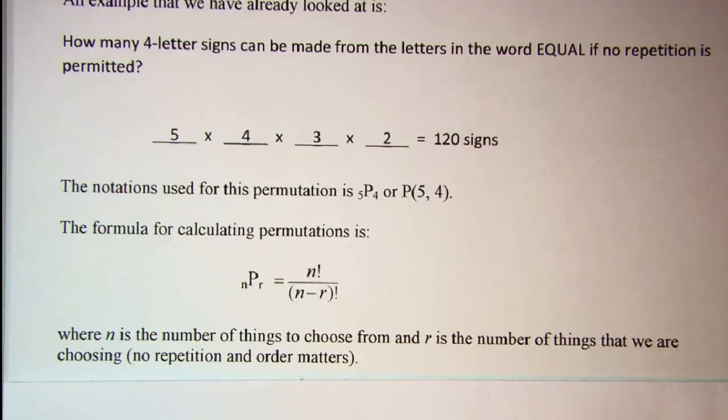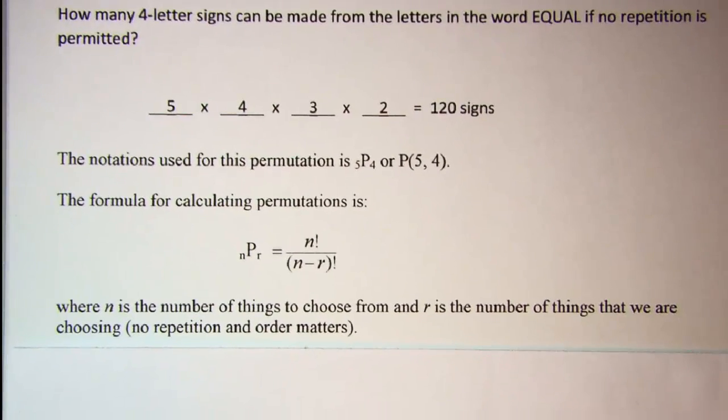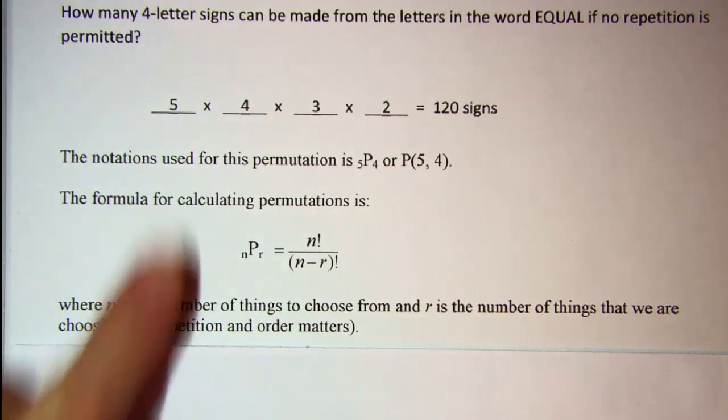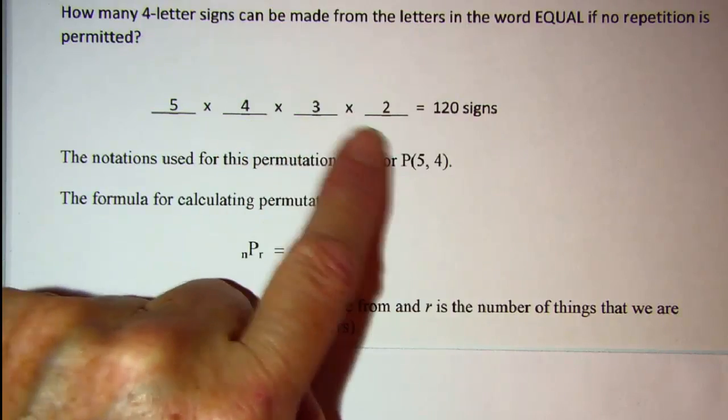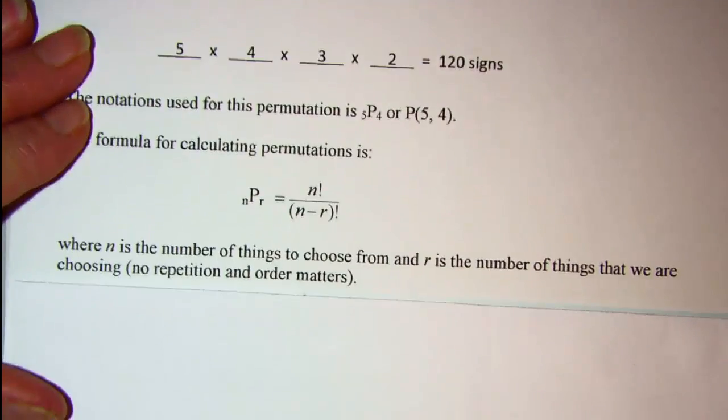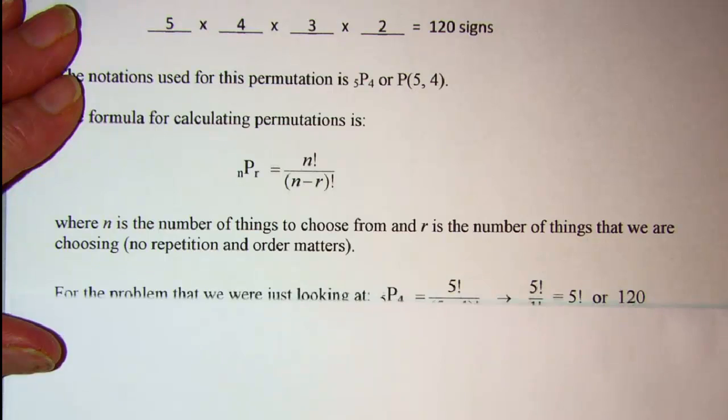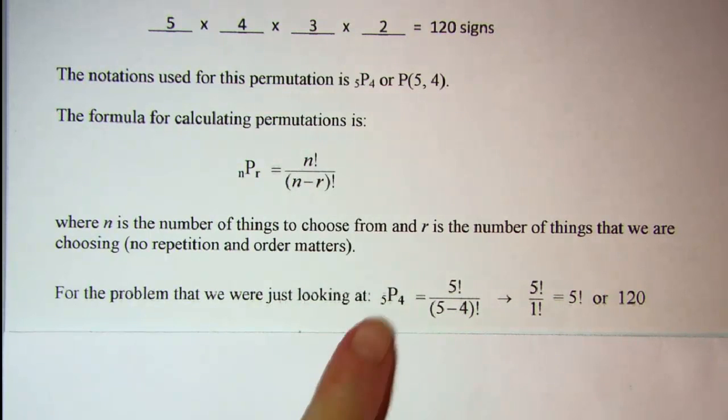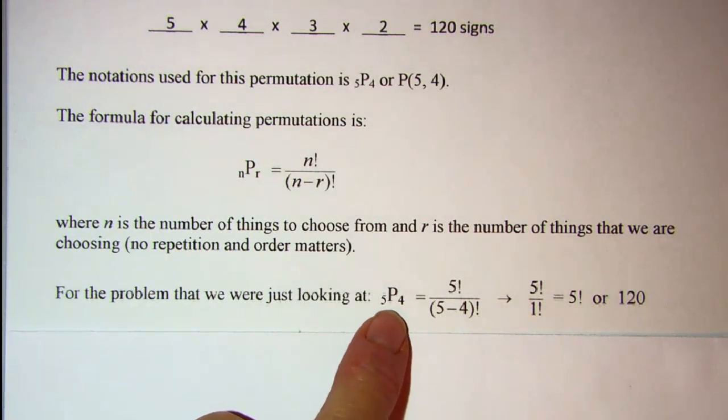So for our problem that we just did up here, the 5 times 4 times 3 times 2, if we use our formula for that, it's permutations of 5 things taken 4 at a time.